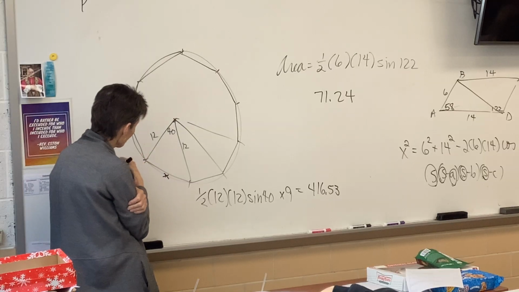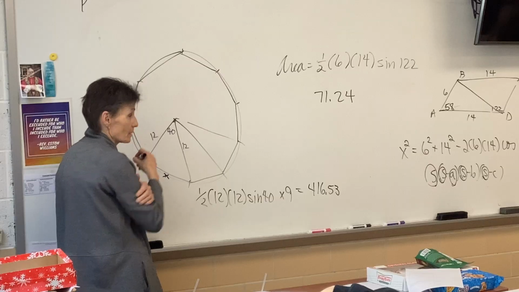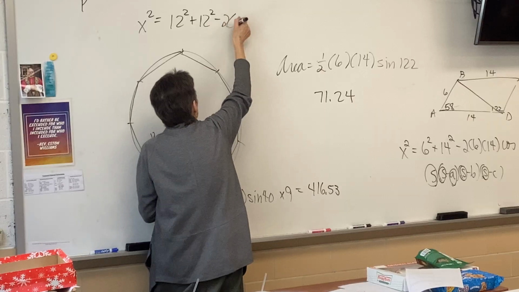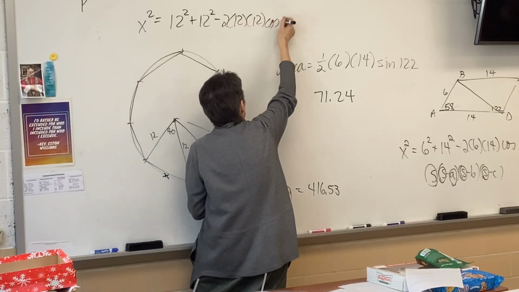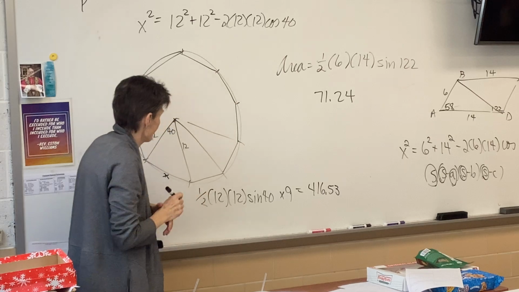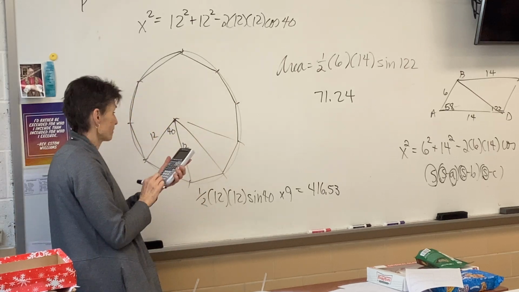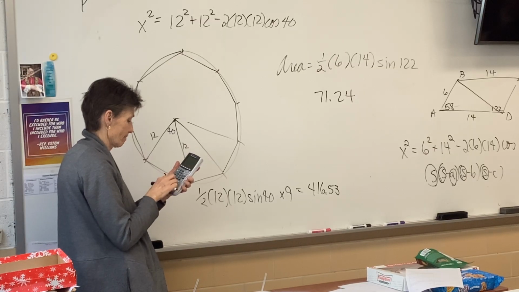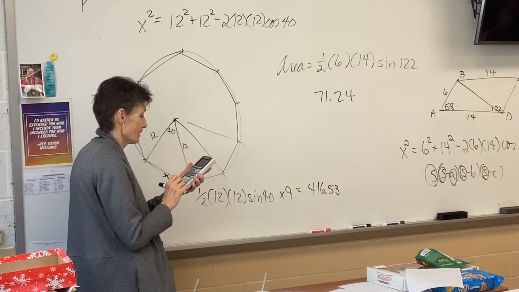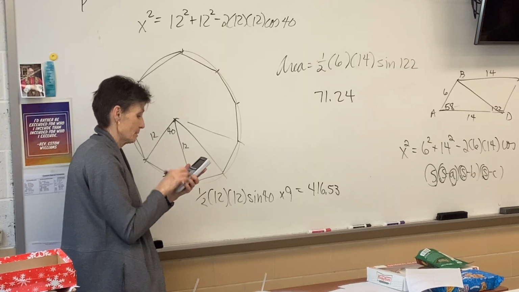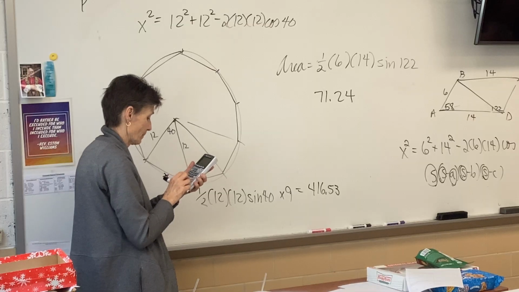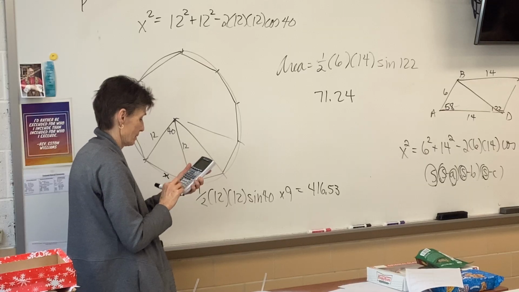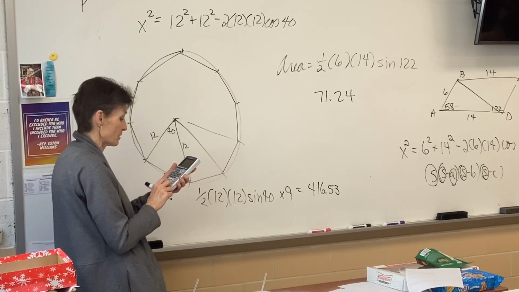So what do you think? Cosine? So x squared equals 12 squared plus 12 squared minus 2... Obviously I need to square root that, don't forget to square root it.